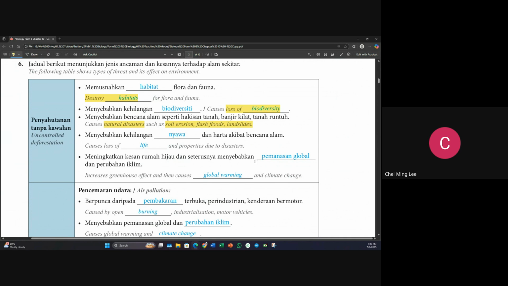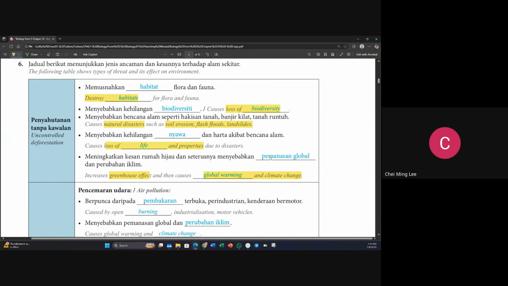It will also cause loss of life and property due to these disasters. And it increases the greenhouse effect and causes global warming and also climate change.